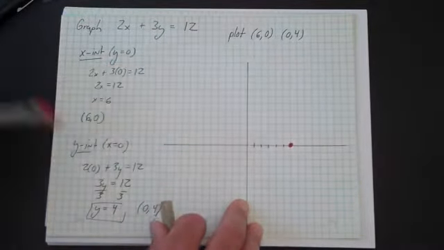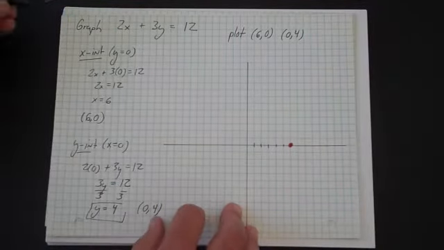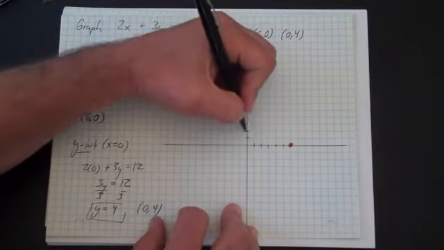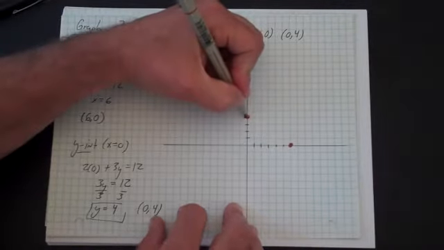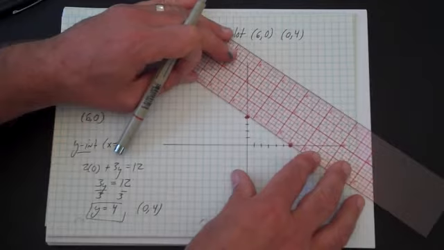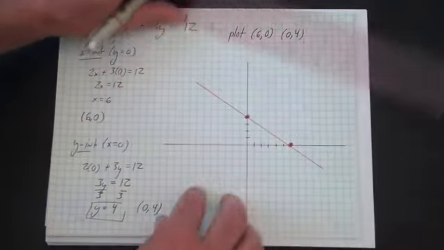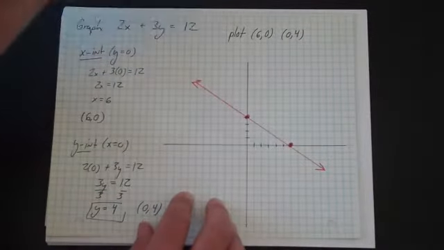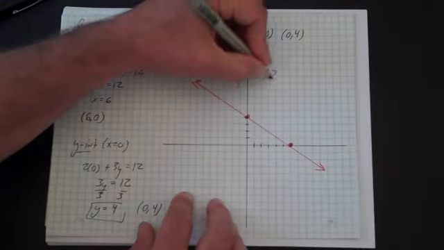That's the point (6, 0), that's the x-intercept, and the y-intercept is (0, 4). Put another dot. You have the two intercepts. Now simply connect the two points. And that's the graph of 2x plus 3y is equal to 12.